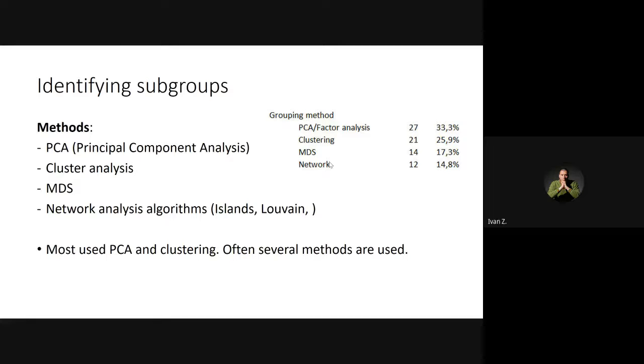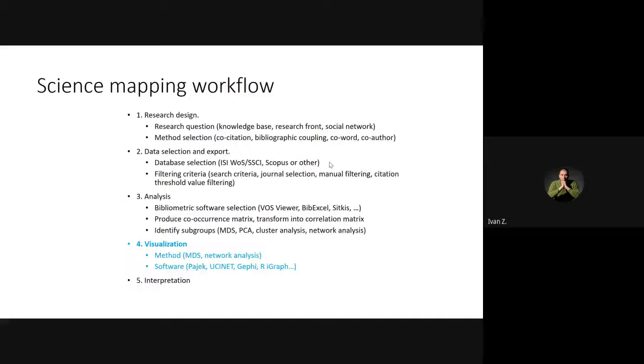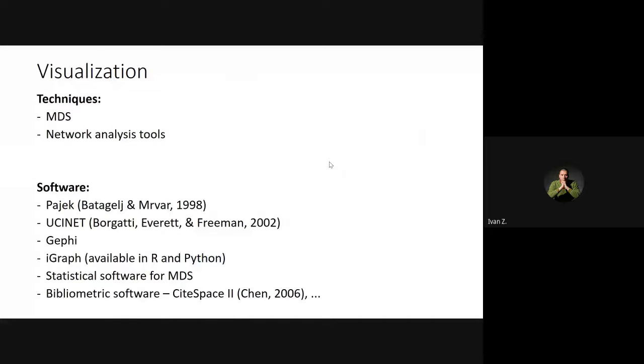You would use these in network analysis software like Pajek or UCINET, and these algorithms would produce clusters in the network that you're visualizing. You can use network analysis both for identifying the clusters and for visualization, right? And network analysis is nowadays the most used tool for this kind of visualization.